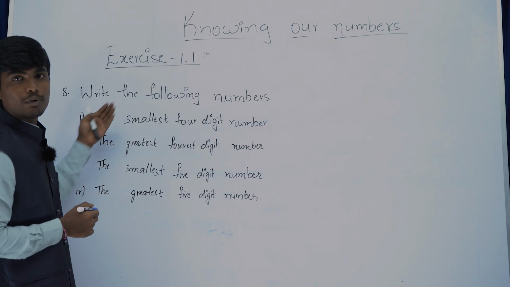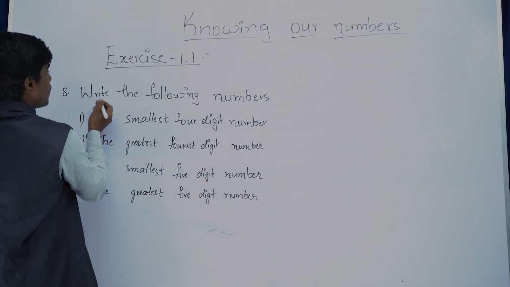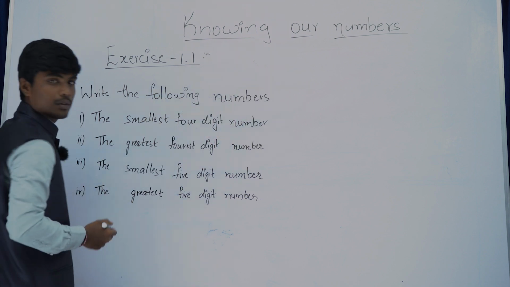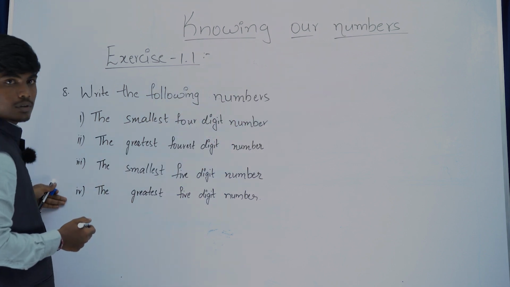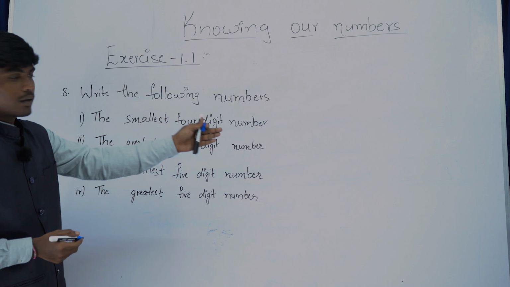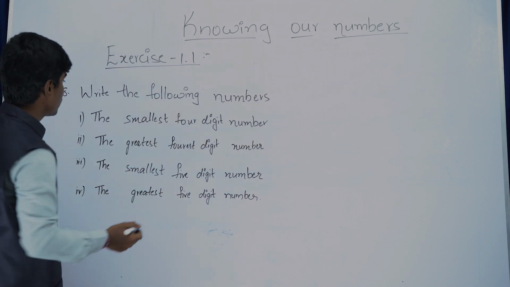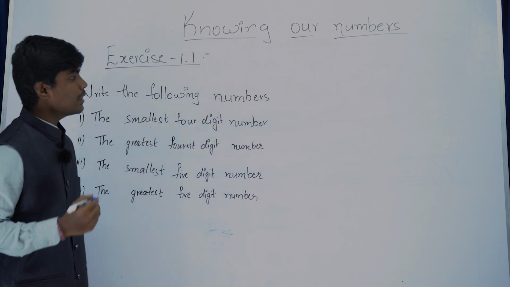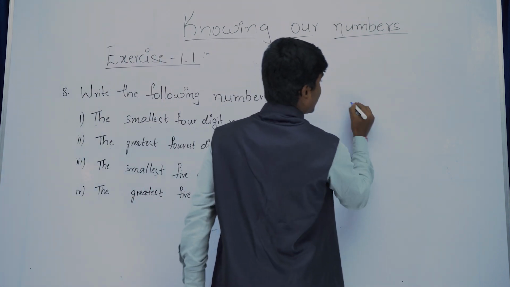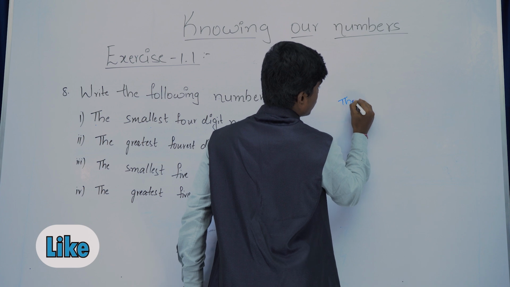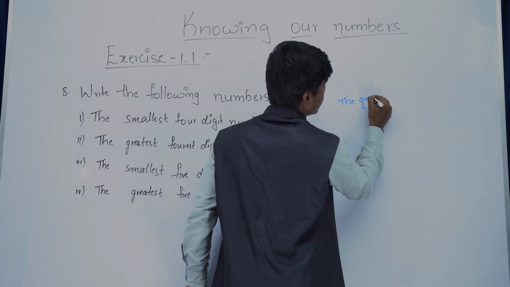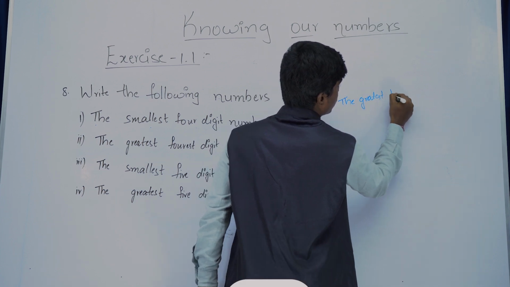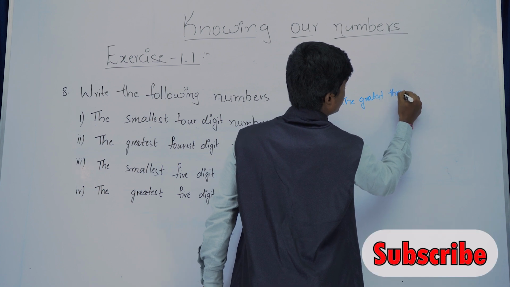Now we come to the 8th problem. This is the last problem of exercise 1.1. Write the following numbers. Here he gave some and we want to write the numbers. First, the smallest 4-digit number.